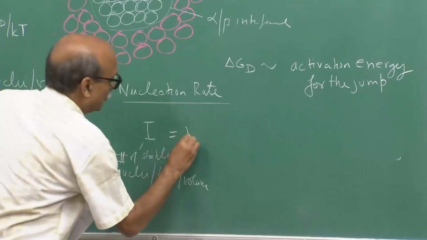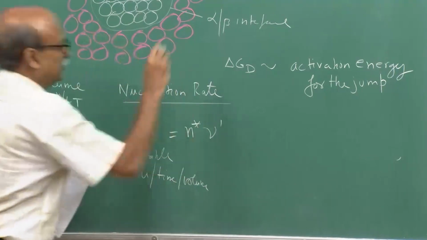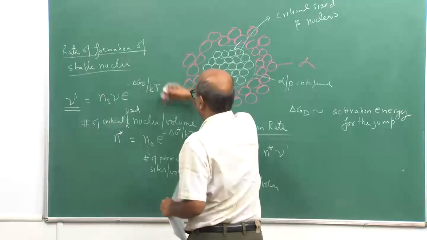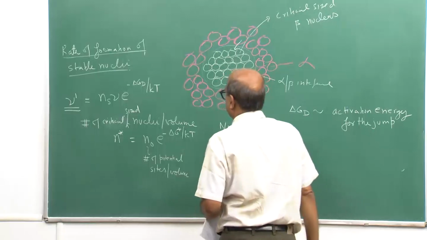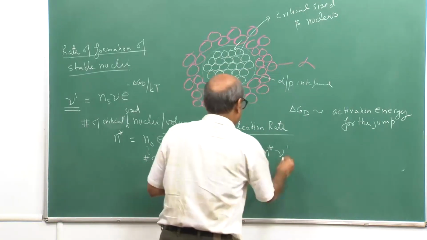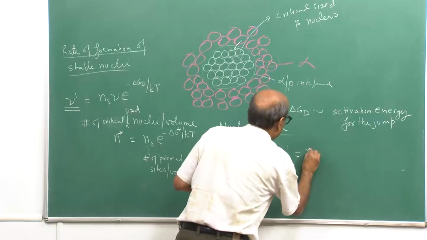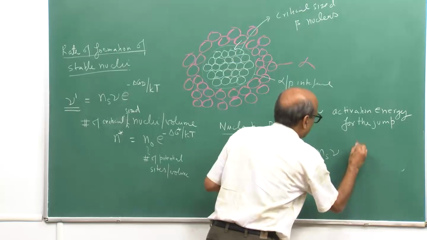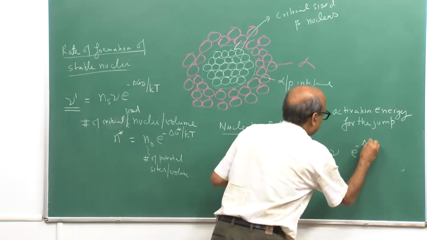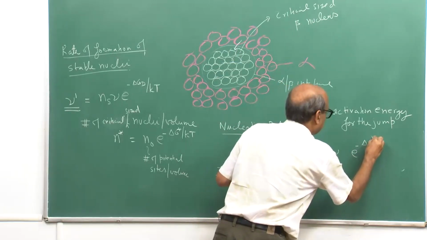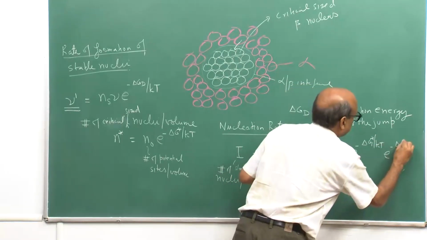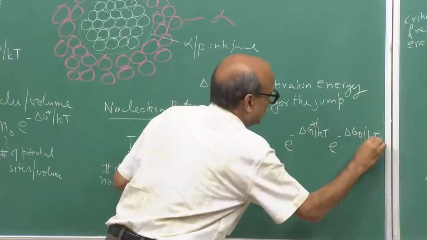This is simply equal to n star times nu prime, and if I just multiply both of these quantities together, I will end up getting n0 Ns nu e to power minus delta G star by kT multiplied by e to power minus delta GD by kT.